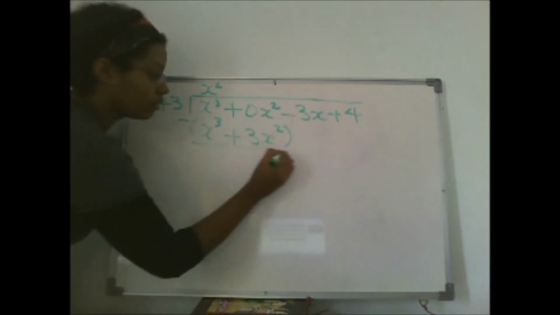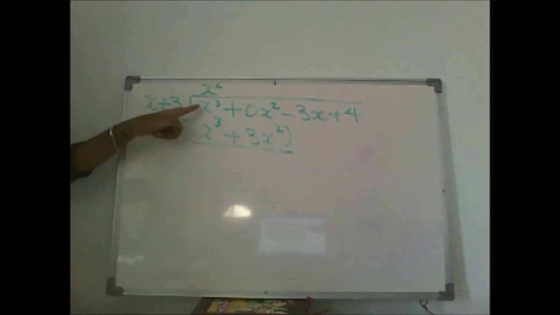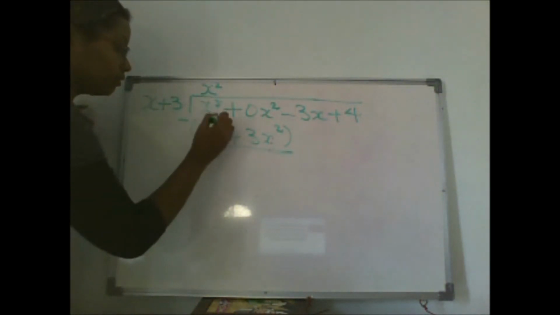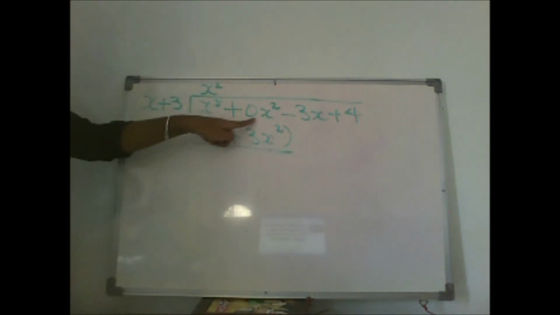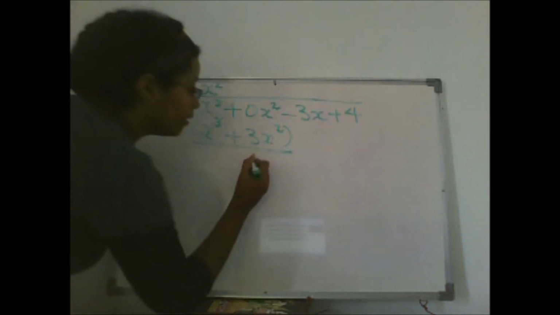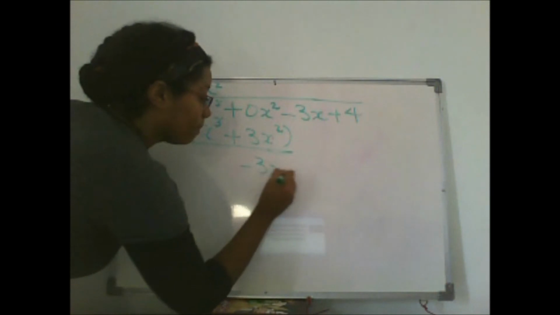So x cubed minus x cubed gives us 0. And we have 0x squared minus 3x squared. And since 0 is nothing, we're going to be left with a negative 3, because it's like saying 0 minus 3. So we have negative 3x squared.